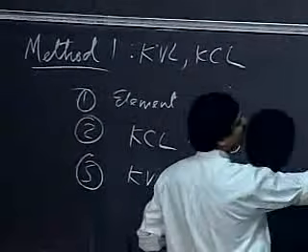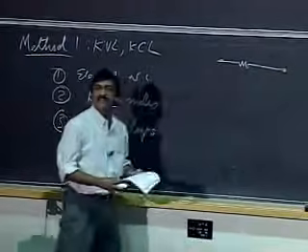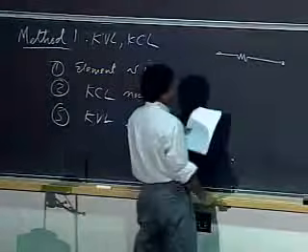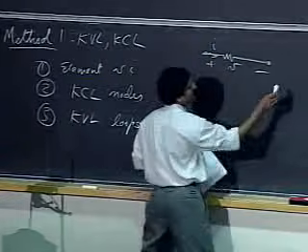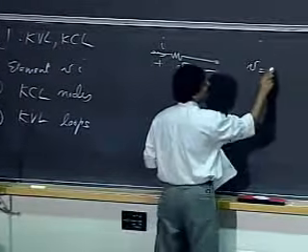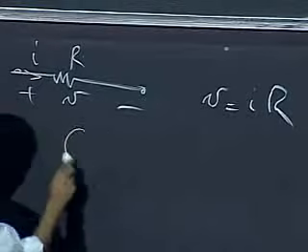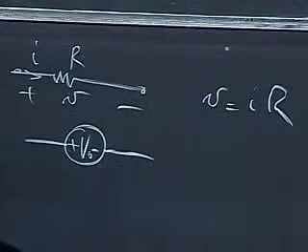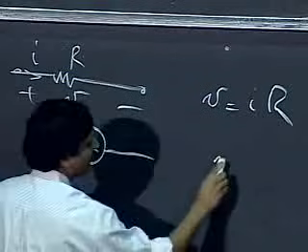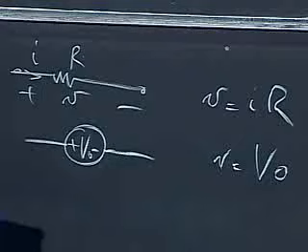But just as a refresher, we've looked at a bunch of elements so far. For a resistor, the element relation says that V is IR, where R is the resistance of the element here. For a voltage source, V is equal to V naught. That's the element relationship.